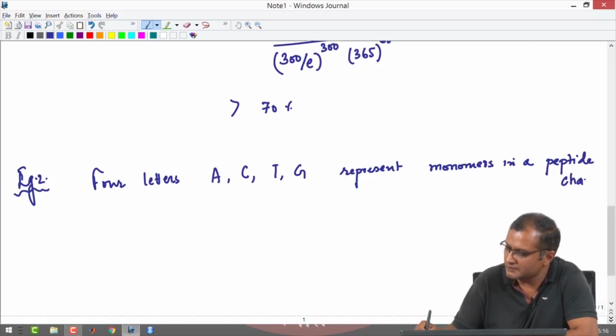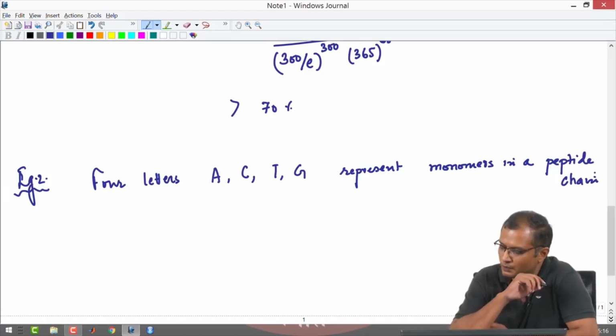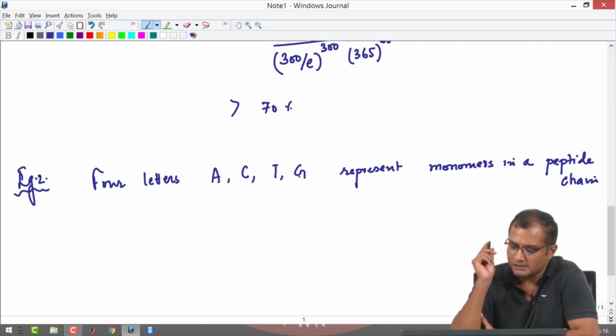So, you have a chain of monomers which is composed of only these 4 letters.